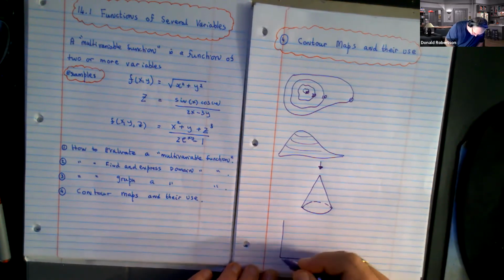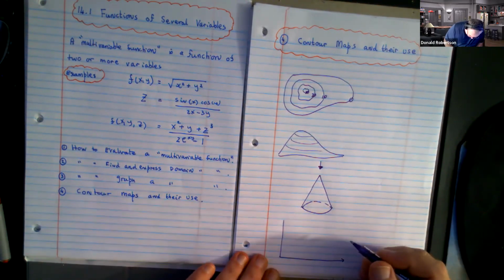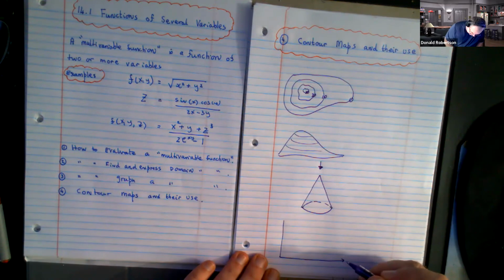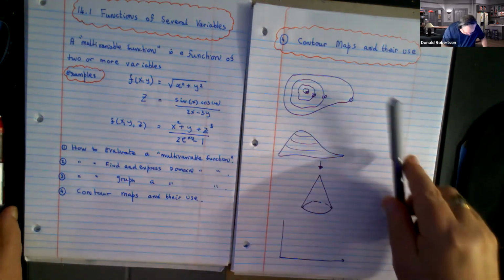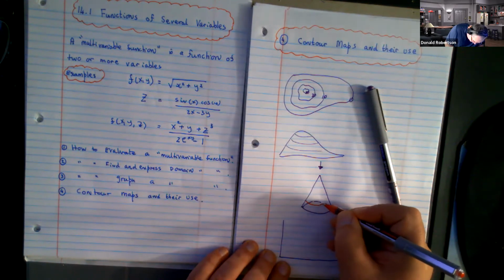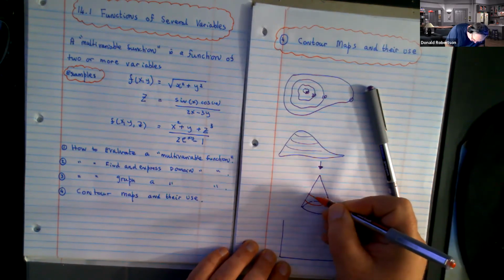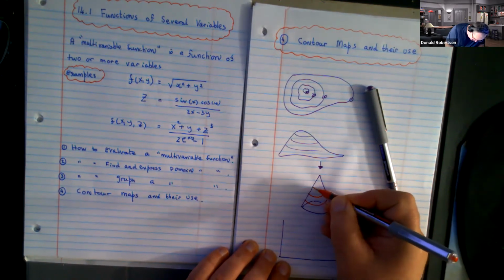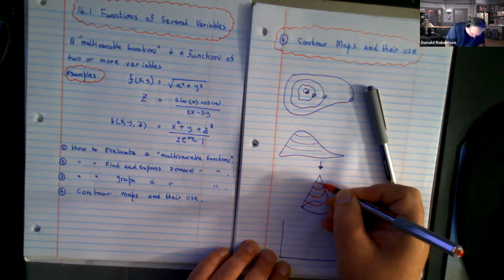And I guess it doesn't matter where you put the thing, but let's say I put it here. And then you imagine what it would look like at a height of 10, a height of 20, a height of 30, a height of 40.